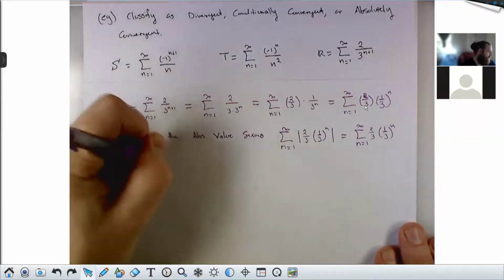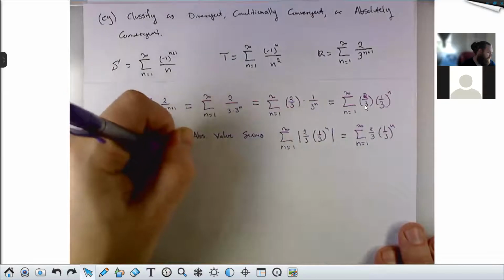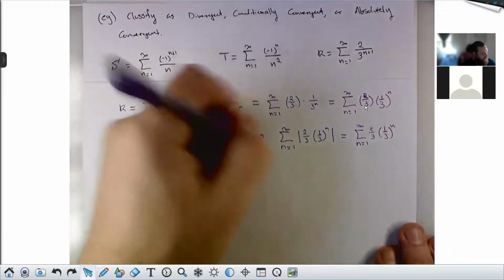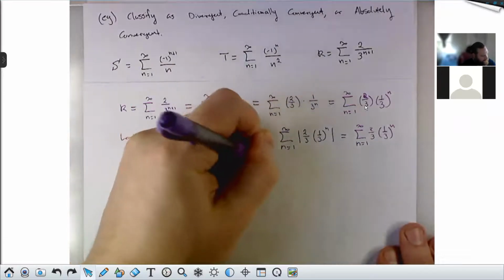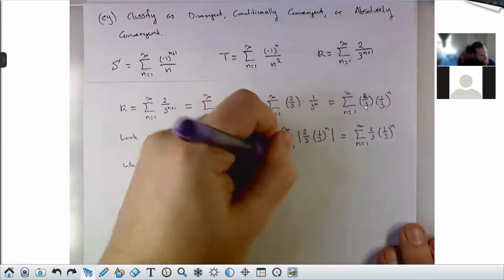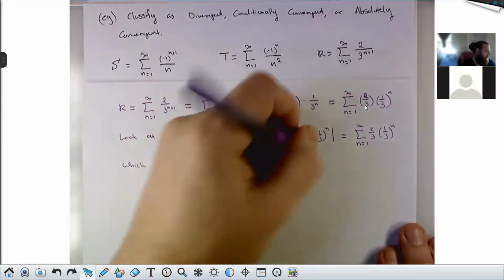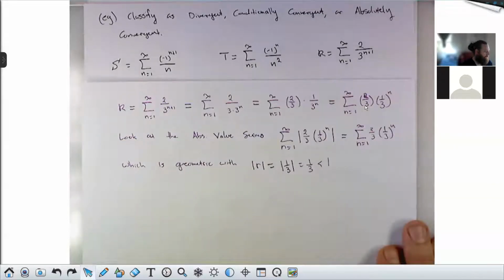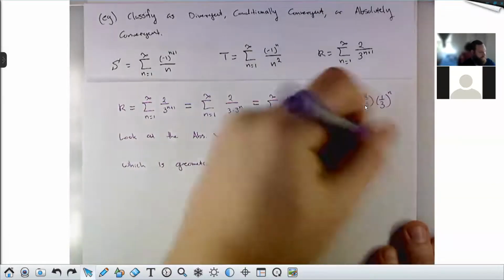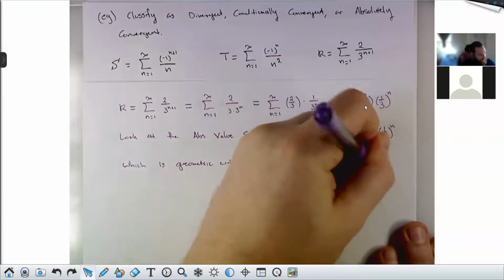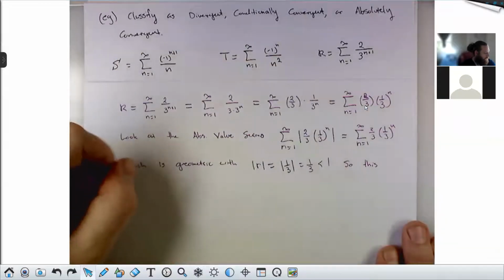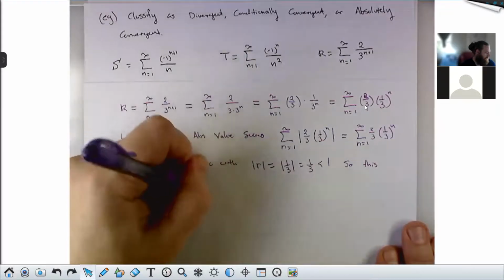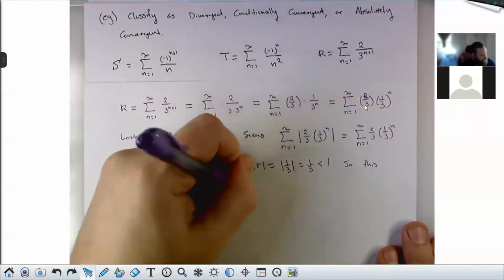And this is geometric. And the absolute value of the common ratio is the absolute value of 1/3, which is 1/3, which is smaller than 1. So this absolute value series converges.